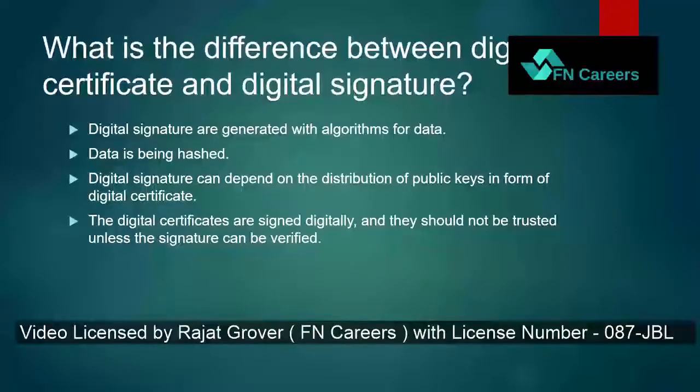Next thing that we're going to look at is difference between digital certificate and digital signature. Public key cryptography enables a number of different functions. That includes both encryption and proper authentication. A digital signature is another one of those functions actually enabled by public key cryptography.